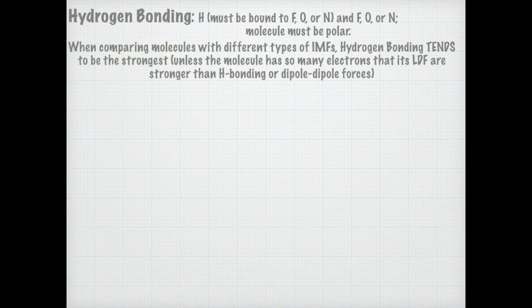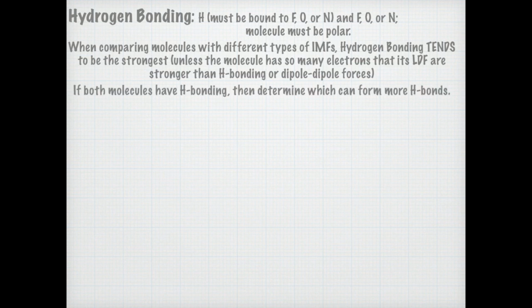And the reason why you need a large molecule with a lot of electrons, remember, is that the more electrons you have, the more polarizable that molecule is. So if a molecule is so large and so polarizable that its London dispersion forces end up being stronger than hydrogen bonding or dipole-dipole forces, that's a case where hydrogen bonding would not be your strongest intermolecular attraction.